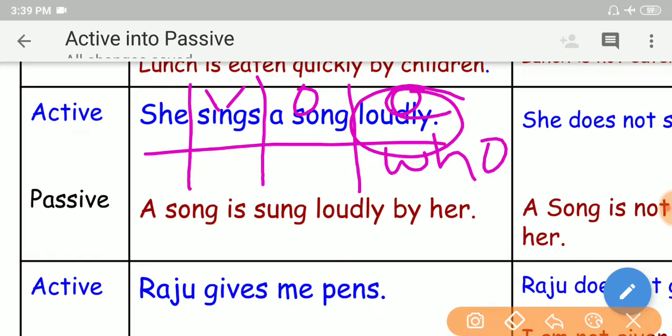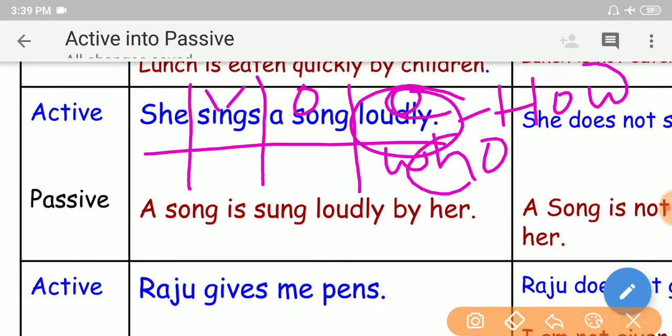But let me frame a sentence to get loudly as the answer. How does she sing a song? She sings a song loudly. That's why this is complement, my dear friends.